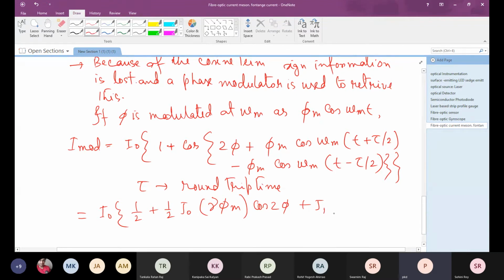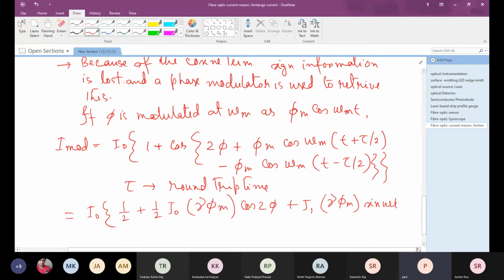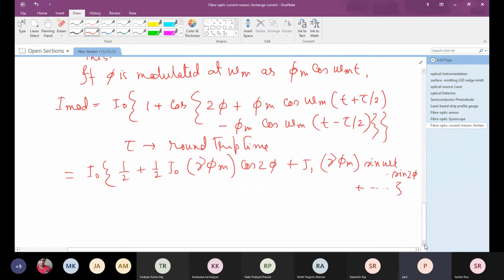Then the harmonic term will be there, J1 of eta phi m times sine of omega t into sine 2 phi. Like that, many other terms will be there.